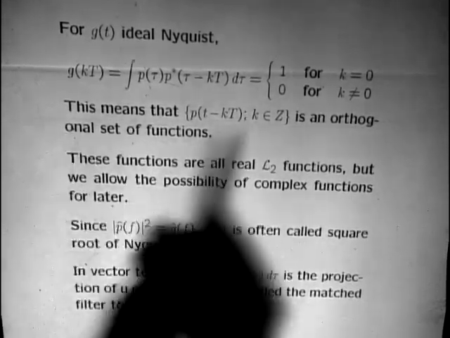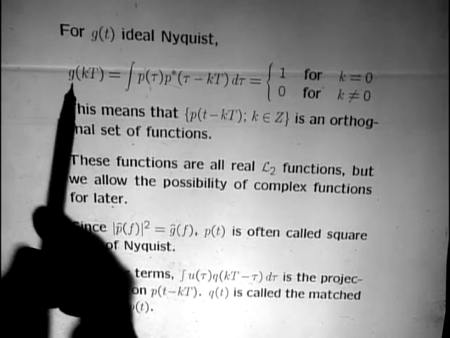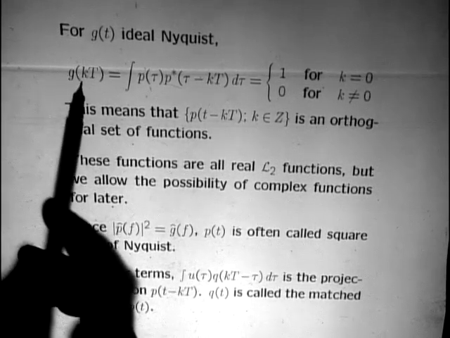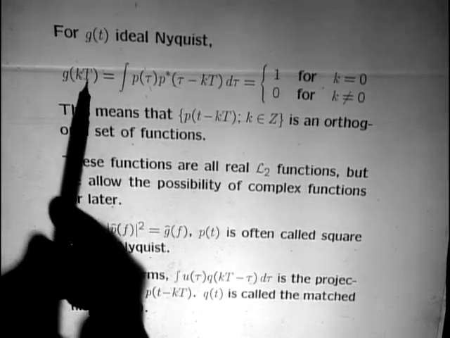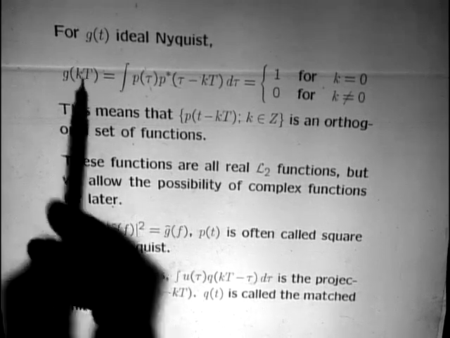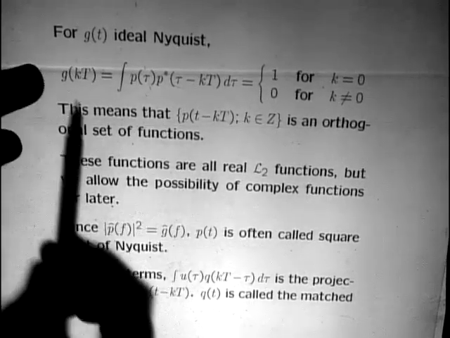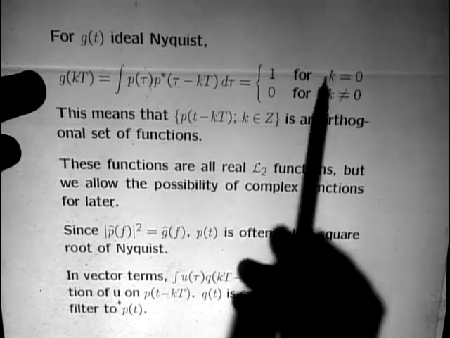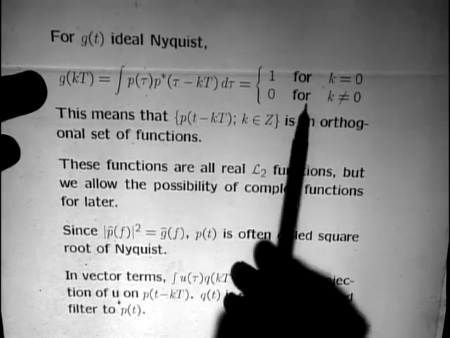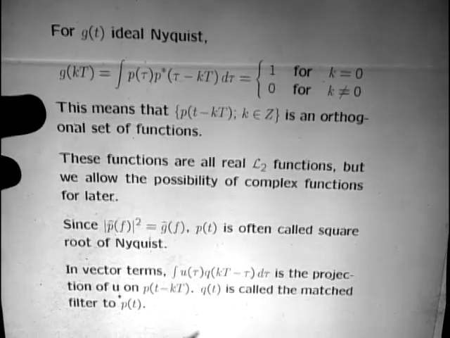And what does that mean if it is ideal Nyquist? Okay, so if g of t is ideal Nyquist, it means that the samples of g of t at times k times this signaling interval t have to have the property that these samples are equal to 1 for k equals 0 and 0 for k unequal to 0.